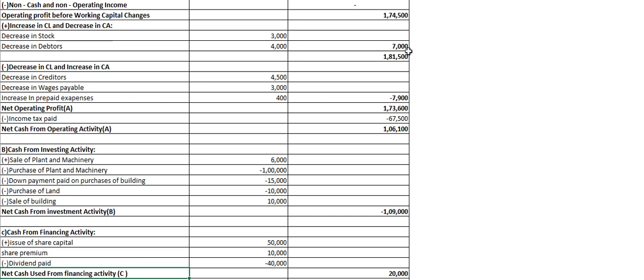Since we will minus it, we are putting it in minus sign. So 1,81,500 minus 7,900, which you get 1,73,600. So now you'll minus your income tax paid, which is 67,500, which is your balancing figure from your income tax payable ledger account. So your net cash from operating activities is 1,06,100.